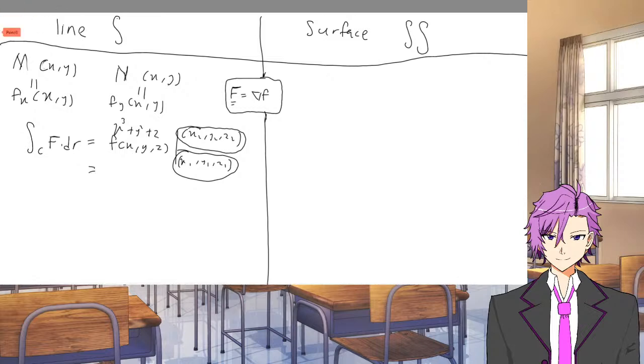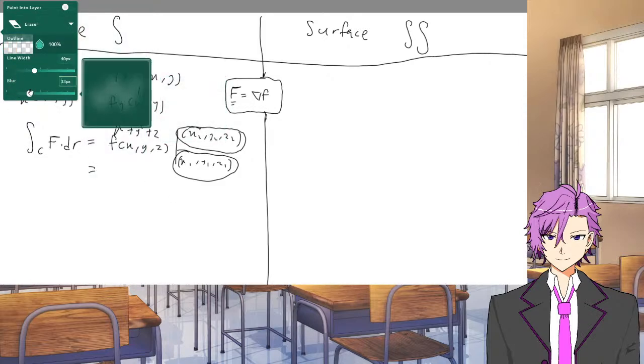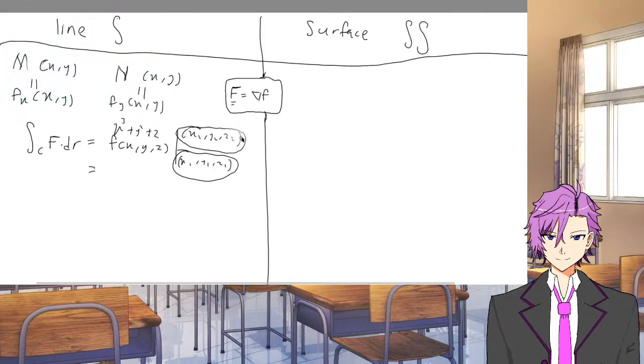So that is the conservation of path for line integrals if they are independent of path. We just follow the same concept as vector fields, but we use this theorem to find the solution.